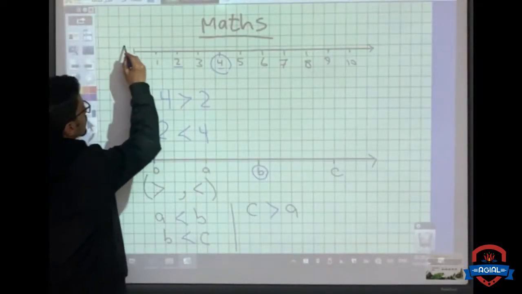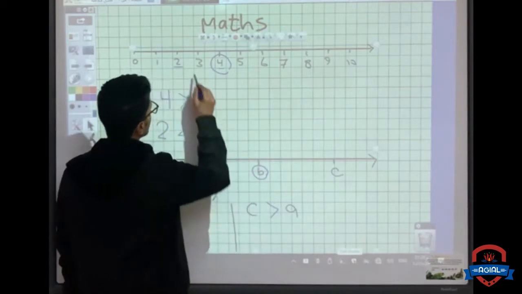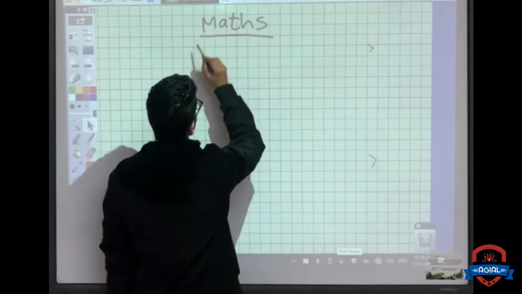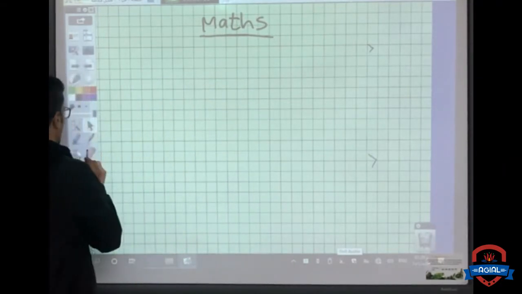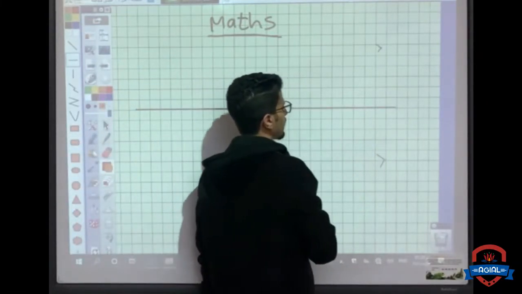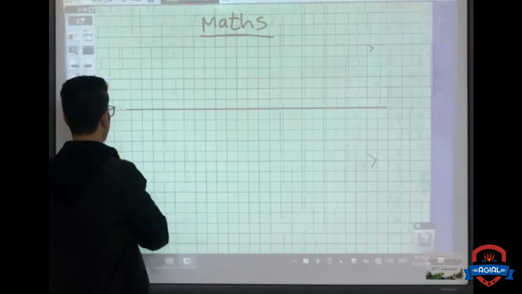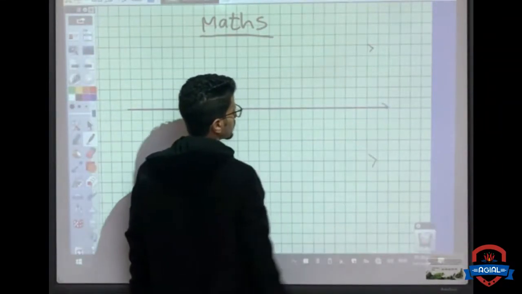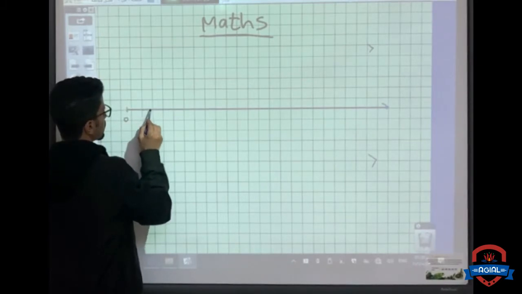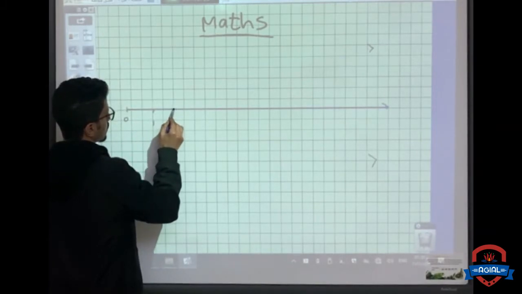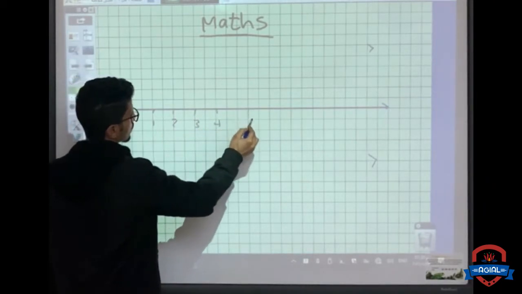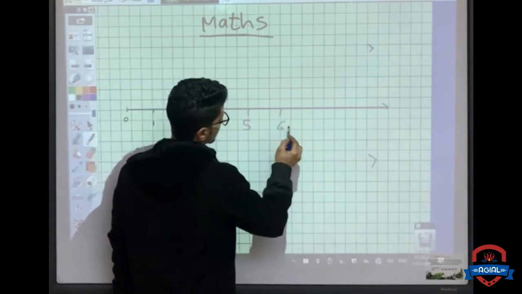So let's draw our number line and represent the set on it. We start by drawing this line segment. Now we have our number line, with no endpoint and the start point 0. So we have 0, 1, 2, 3, 4, 5, 6, and so on.